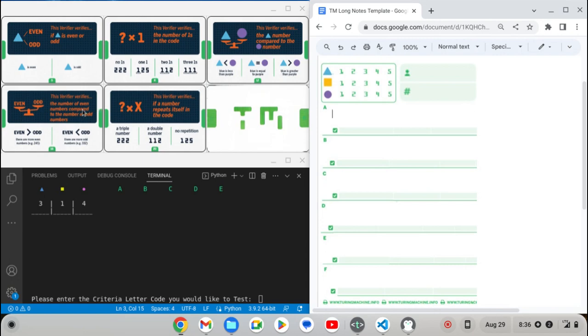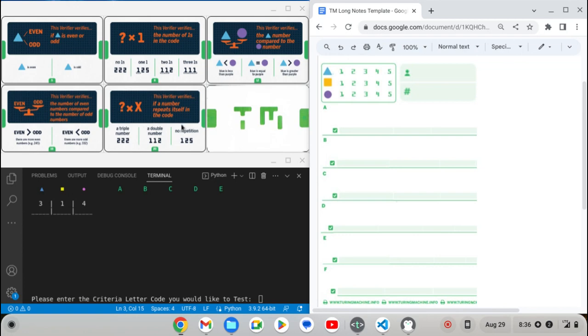Criteria card D will look at our 3-digit solution and will let us know a little bit about the ratio of even to odds. Should there be more even than odds, or less even than odds? And finally, criteria card E, again, will look at our 3-digit solution, but this time tell us about its structure, so to speak.